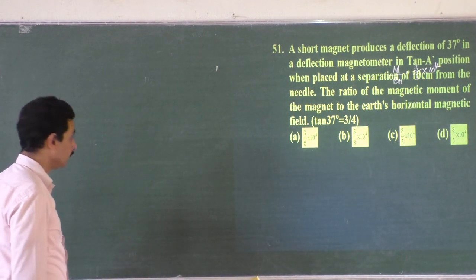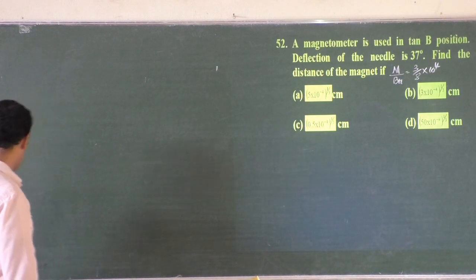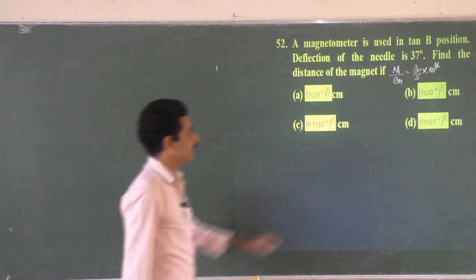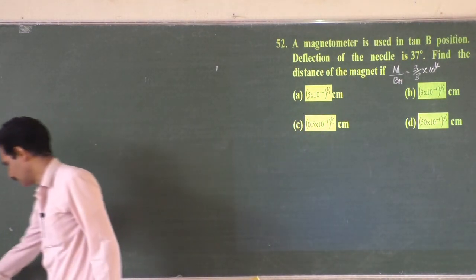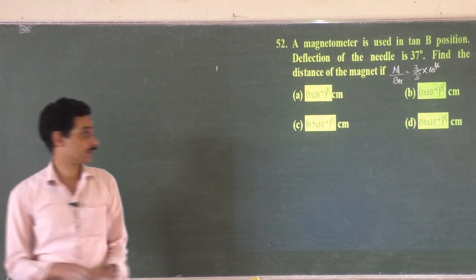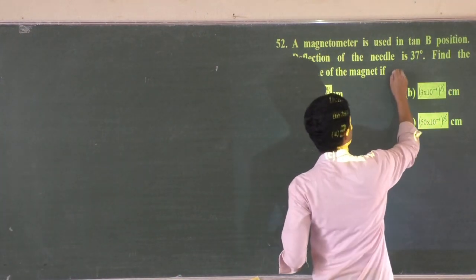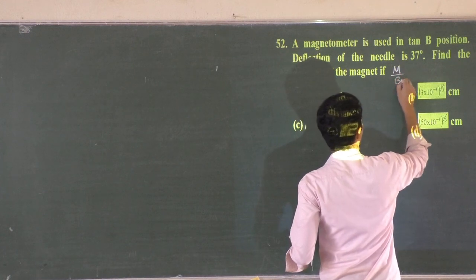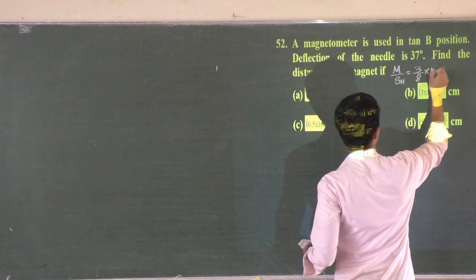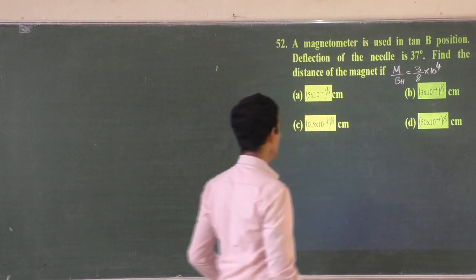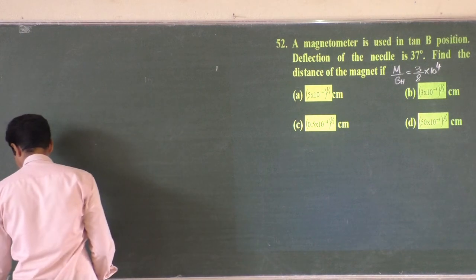If m/bh is equal to 3/8 into 10 to the power 4, what is the answer? What is the distance? That is the question, right? Okay, so it is the reverse of the previous problem, but position is different.